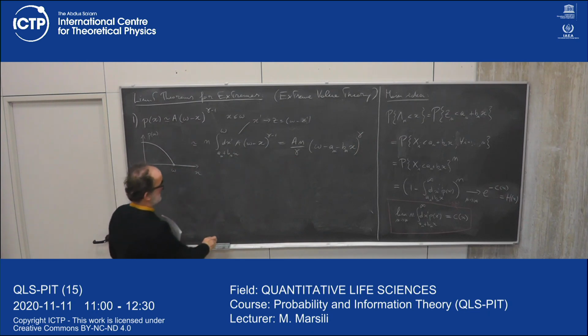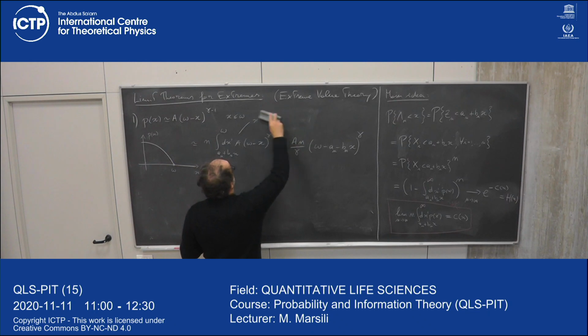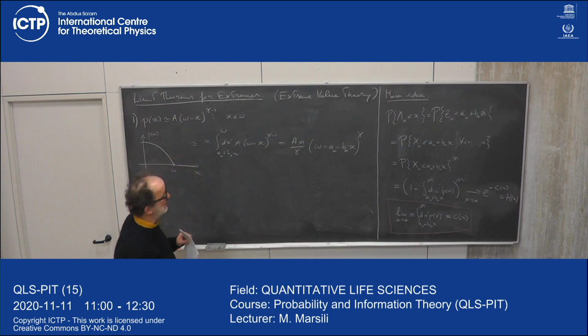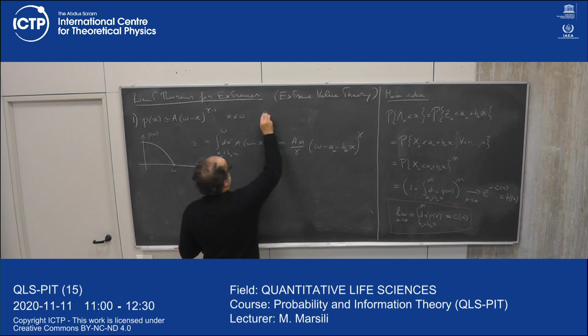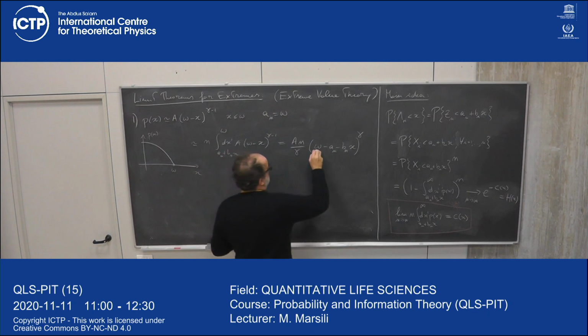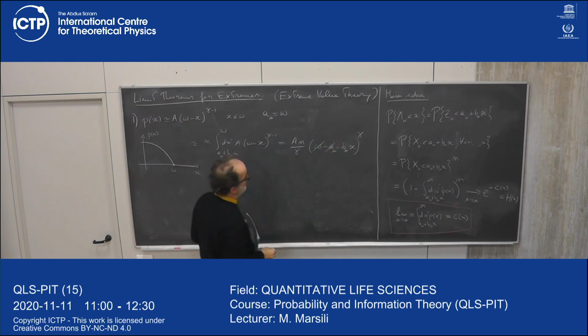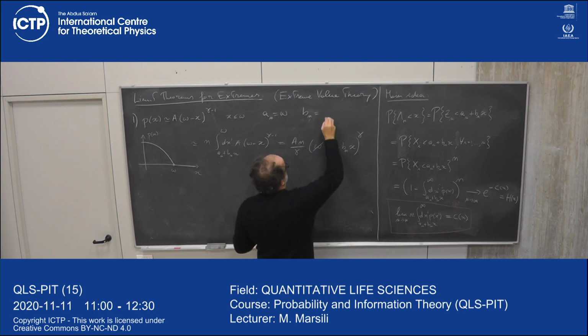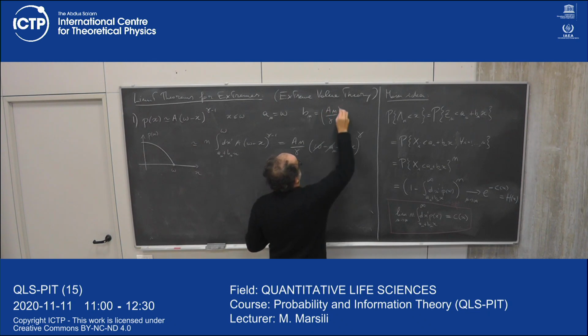Now in this case you see that you can get a finite limit if you take an which is equal to omega, so that these two terms cancel. And then you can get bn, which is a n over gamma to the minus 1 over gamma.